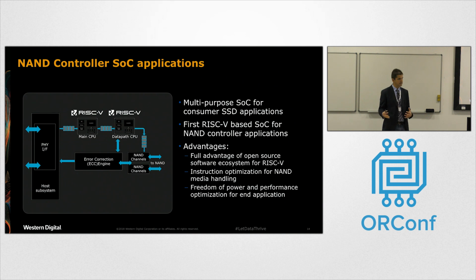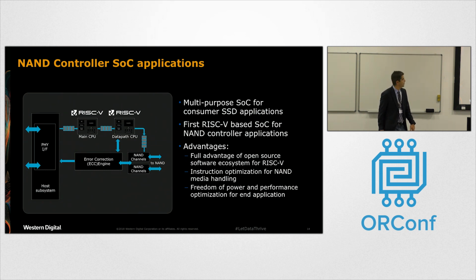When it reads, it uses ECC to decode and validate, so that you, as a lucky customer of a USB or HDD, never really have bad data. On that south end, that's the processor that we are targeting with RISC-V, and at least for WD, this will be the first RISC-V based SoC for NAND controller applications.